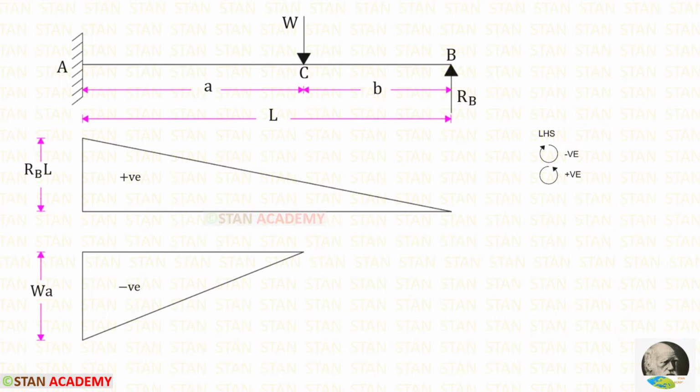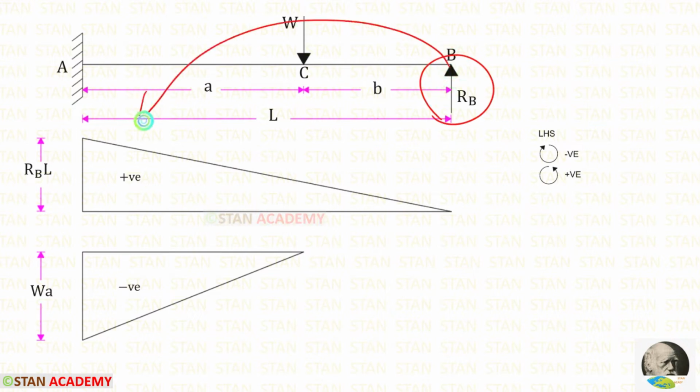Now we are going to draw the bending moment diagrams. First, let us find the bending moment values. We have to find the bending moment values about the point A. In this case, we are moving towards left hand side. Clockwise will be negative and anti-clockwise will be positive. First, let us take RB.